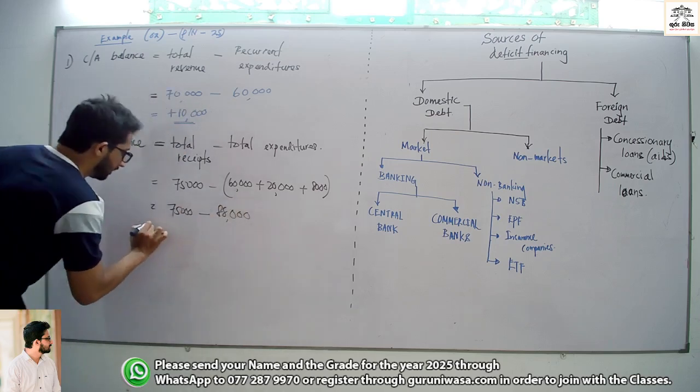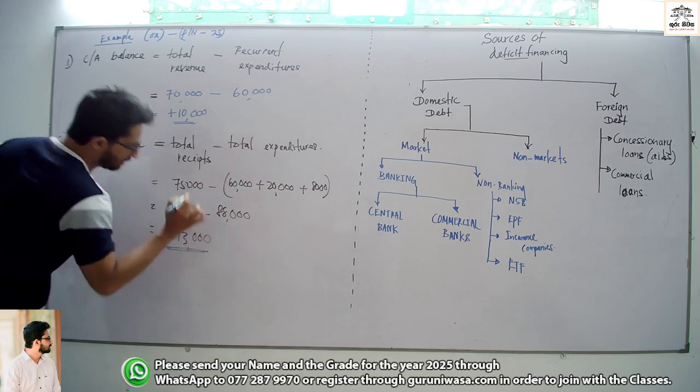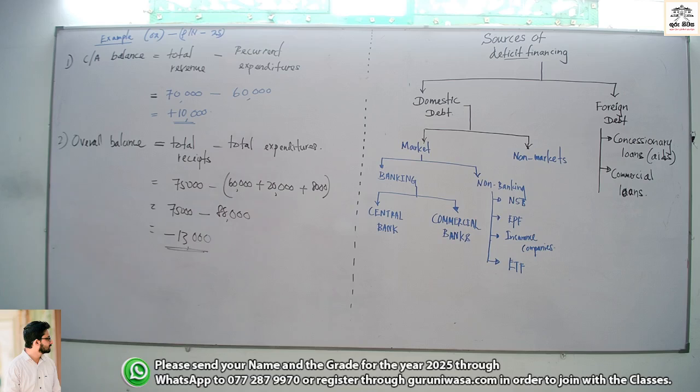Then the overall balance is a deficit of minus 13,000. Are you okay with this? Yes, sir. Okay, good.